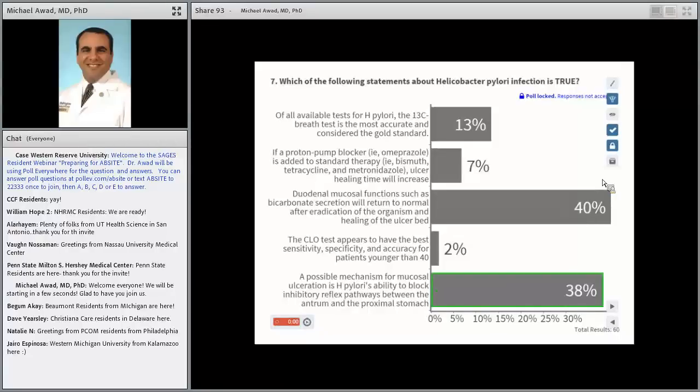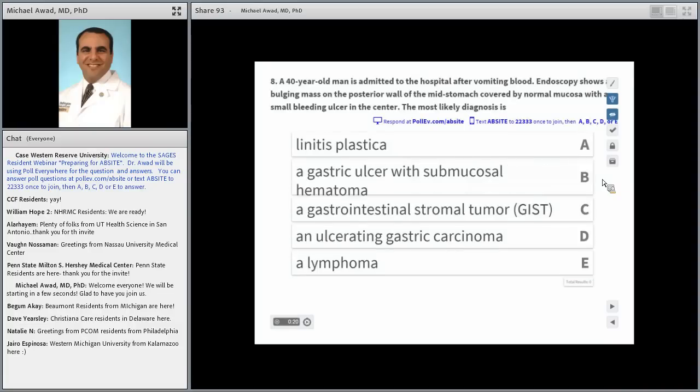Addition of omeprazole actually doesn't reduce the healing time compared to the other agents, but it can provide symptomatic relief. And while all of these tests are described for diagnosis of H. pylori, like biopsies, CLO tests, and so forth, none is actually really considered a gold standard, especially in younger patients.